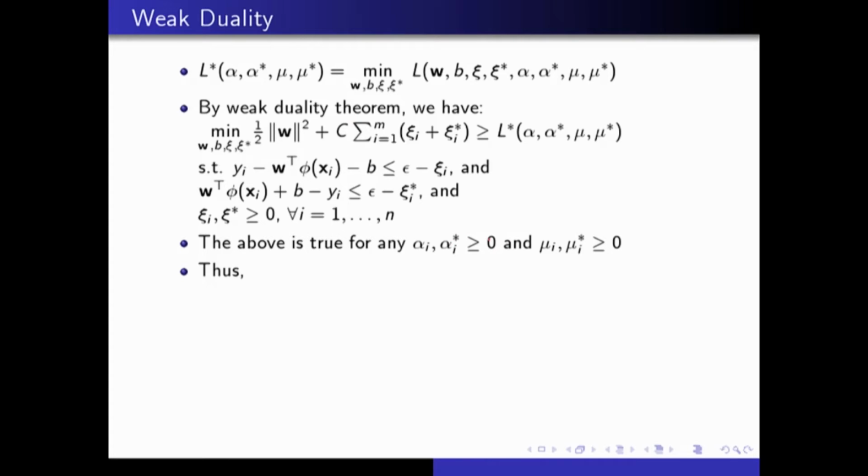From the weak duality theorem, we know that the original primal objective is greater than or equal to L star, which is the minimum of the penalized objective through the Lagrange function. Of course, this penalty should be such that alpha and alpha star are all greater than or equal to 0.